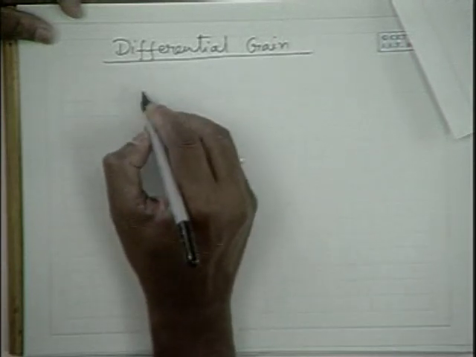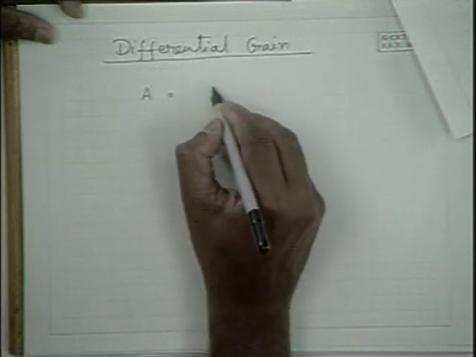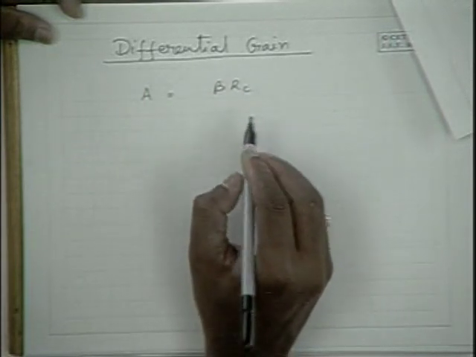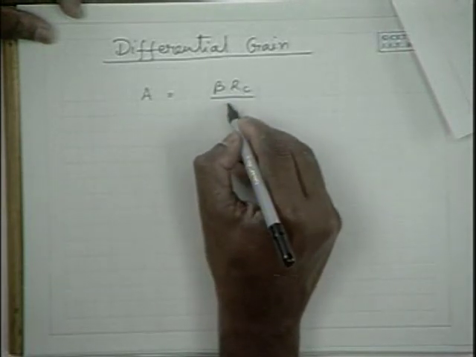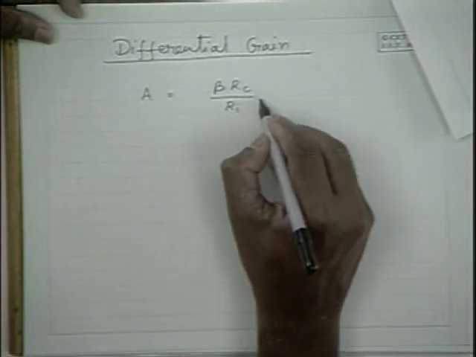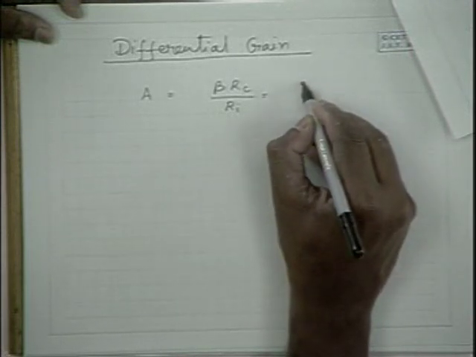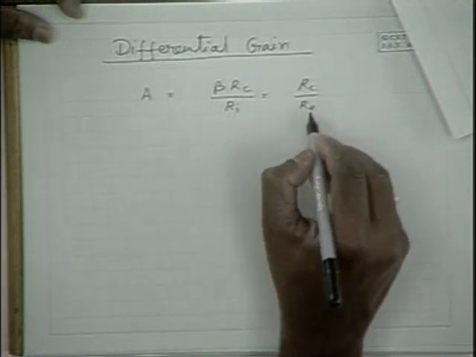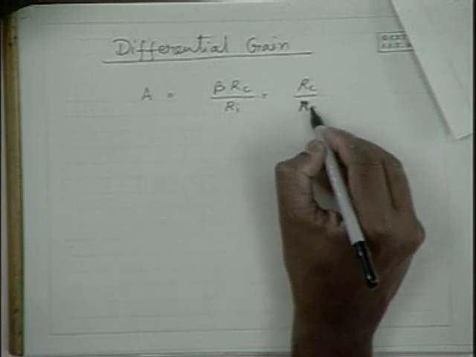The voltage gain for the right hand circuit is naturally beta RC by RI, that input resistance, and that is equal to RC by small re.